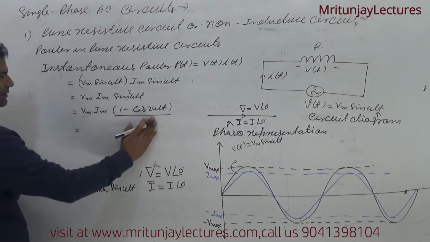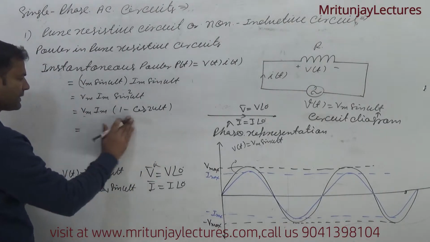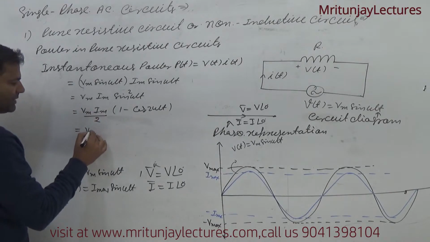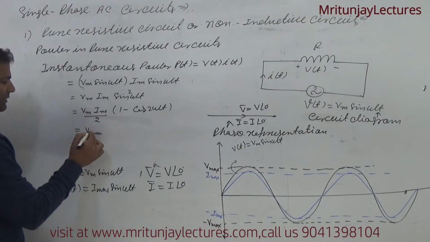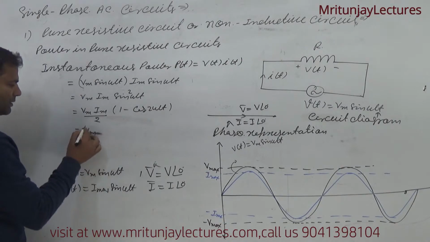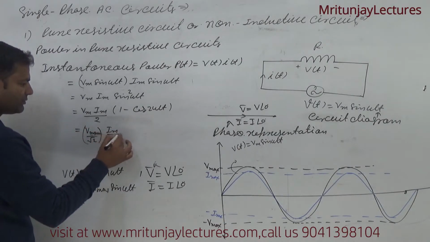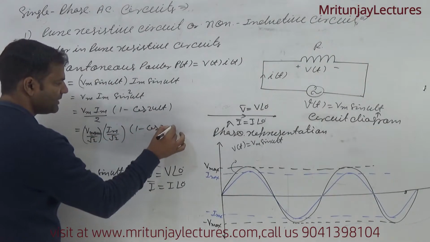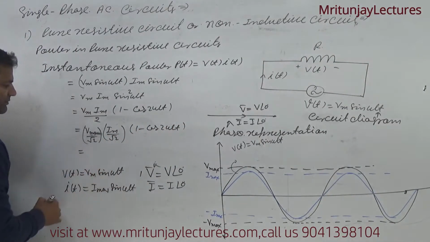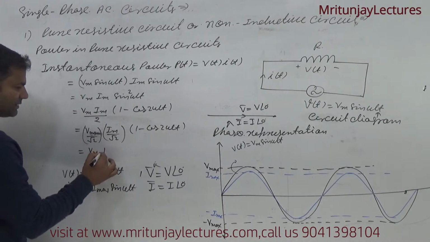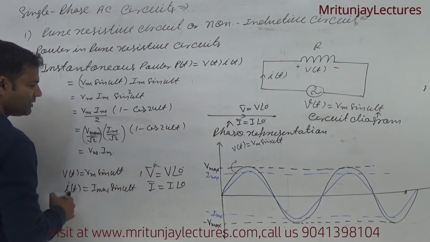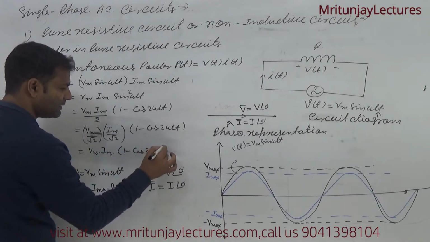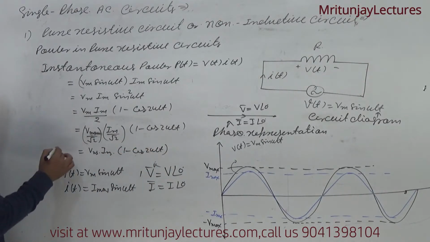Or better to write it here by 2, that is Vrms, because I know that Vm by root 2 into Im by root 2 into (1 minus cos 2 omega t). This is written as Vrms into Irms into (1 minus cos 2 omega t), that is Pt.